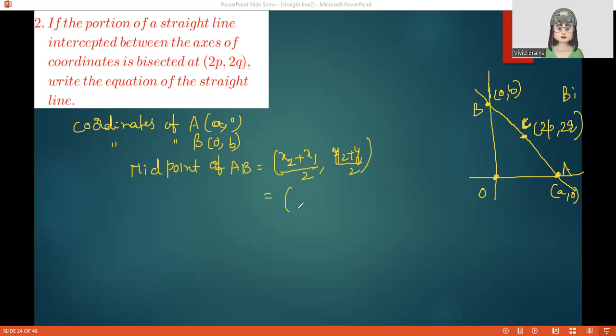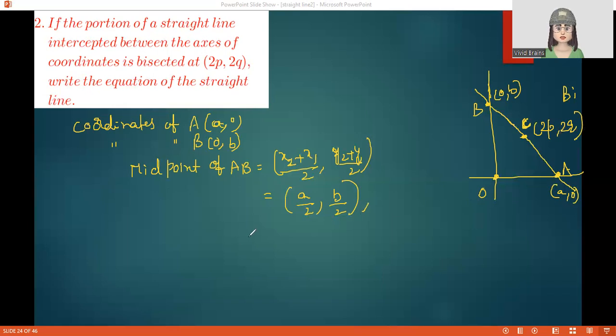What do we get now? x2 is 0 plus a by 2, that is a by 2, and y2 plus y1, b plus 0, that is b by 2. So midpoint coordinates are these. But according to the question, the midpoint coordinates are given as 2p comma 2q.